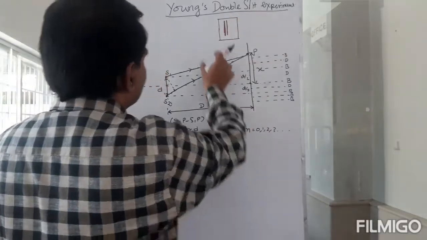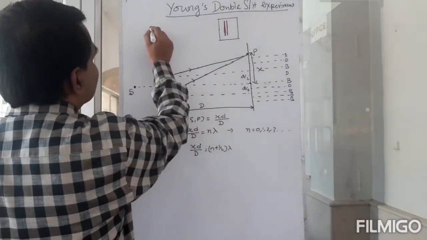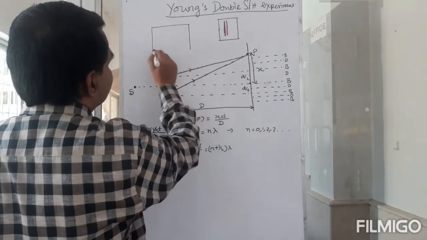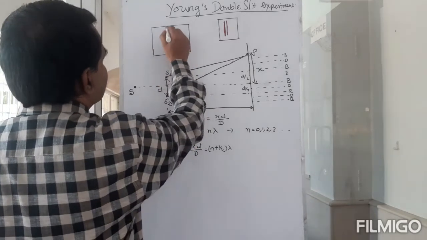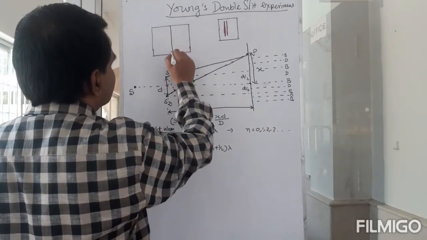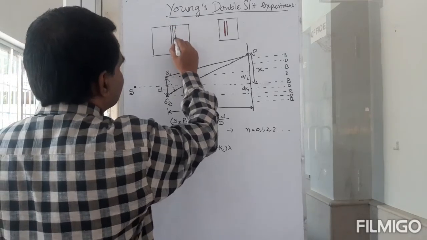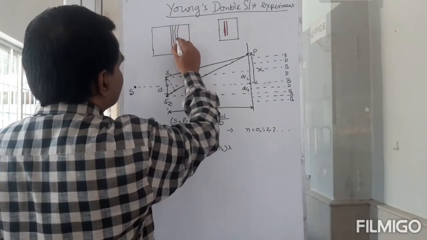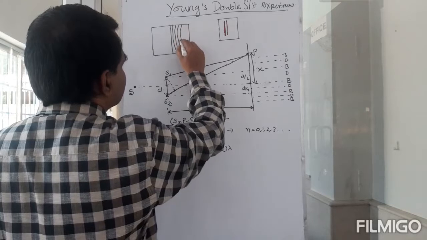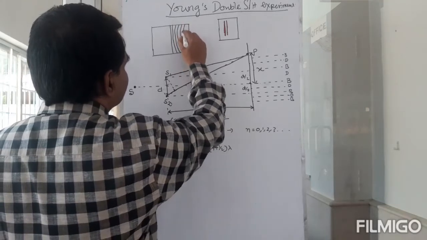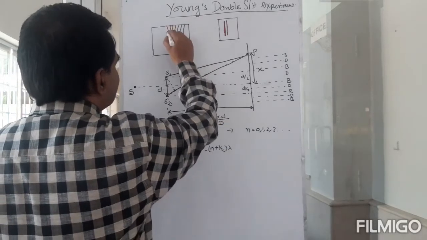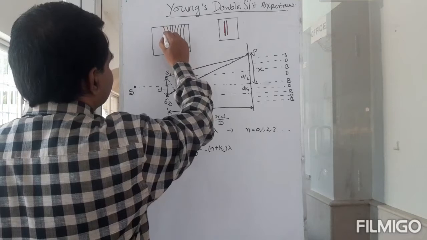So on the other side, on the wall, you will get fringes like this. The first one is like this, and then slightly like that, slightly like that, like this. So it's slightly hyperbolic is what you get.